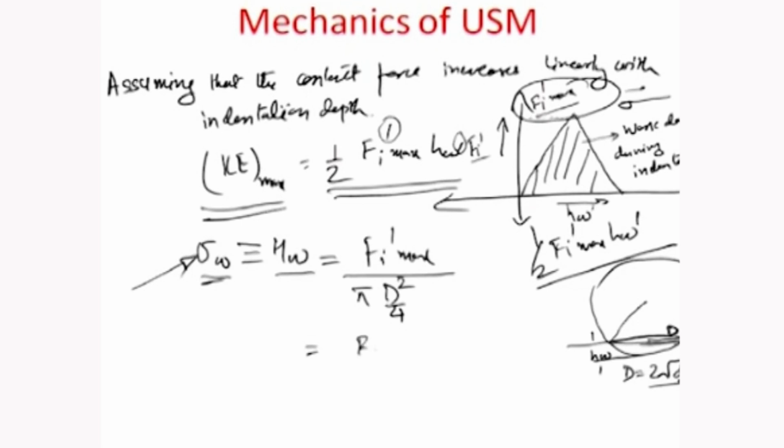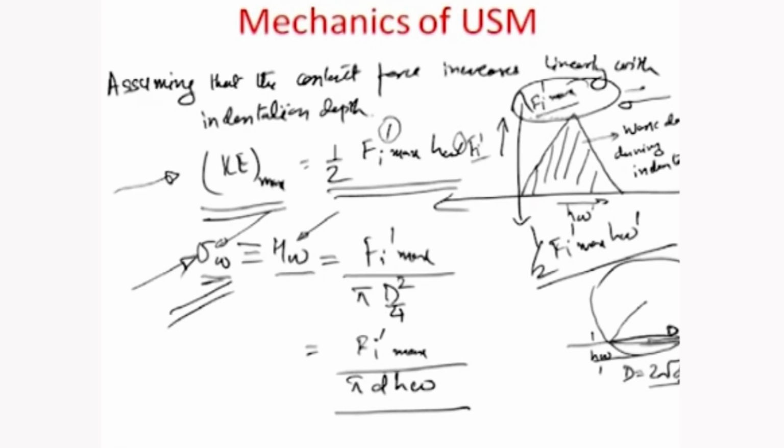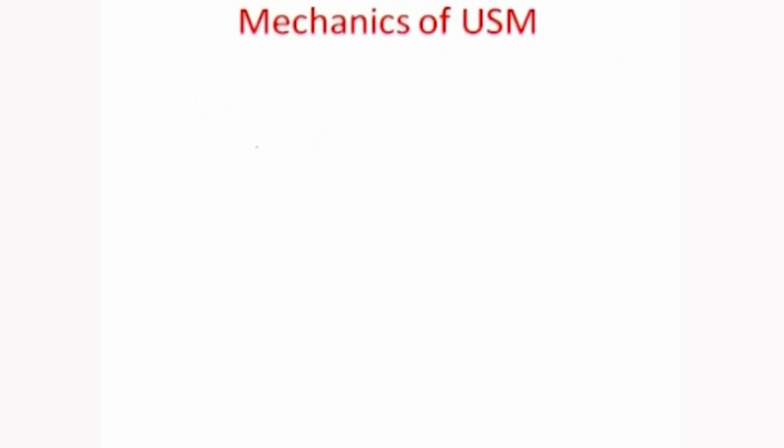In other words, you can have this as Fi dash max divided by pi d Hw. That is what has to be equated to the hardness or the flow stress of the surface for the condition that the grain would actually produce some deformation on the surface. And we already know from the previous equation that this Ke max can be related to this Fi dash max, and we would like to now formulate an equation for that. So half Fi dash max times Hw dash, where Fi dash max is the maximum force at maximum indentation Hw dash.